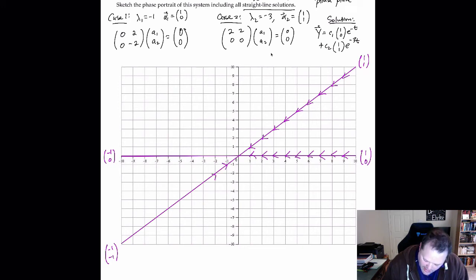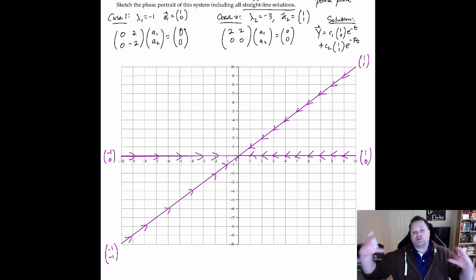Here, it's not continuing in the same direction over here. It's still collapsing to 0, 0, because even if C1 or C2, let's say, is negative, and I start out on the vector negative 1, 1, over time, the length of that vector gets smaller, so I get pulled back in towards 0. And I'm not going to draw as many arrows on this side. We just know which direction this thing is heading.